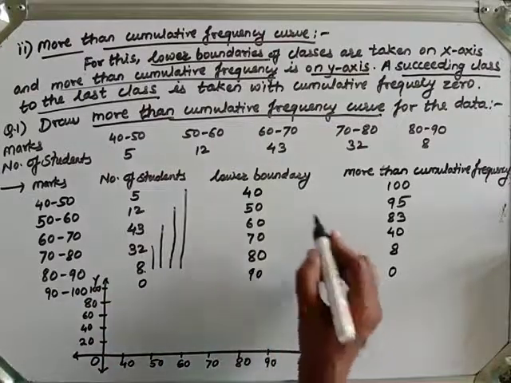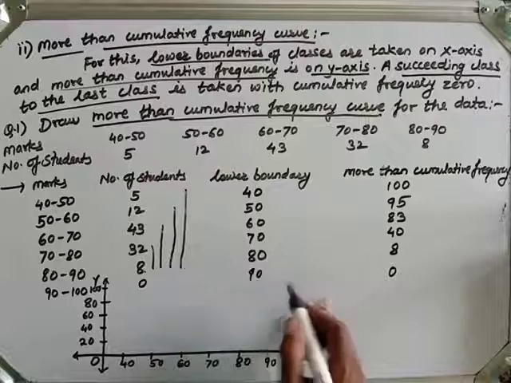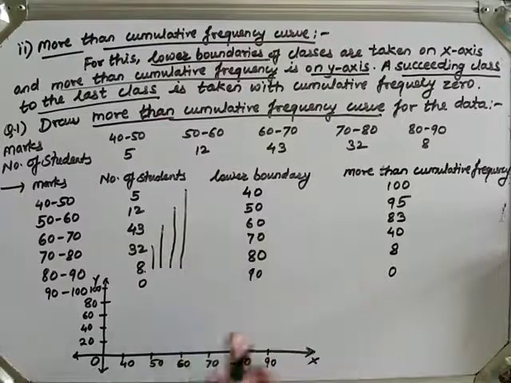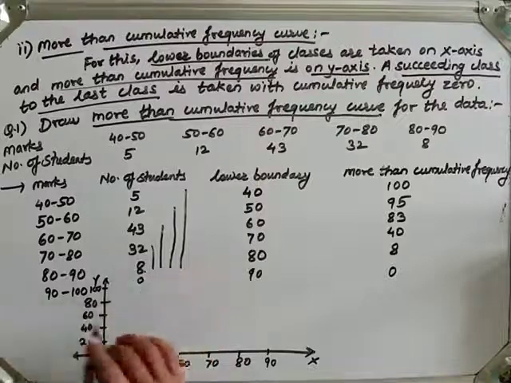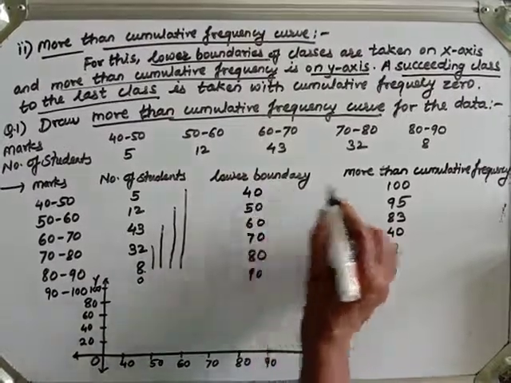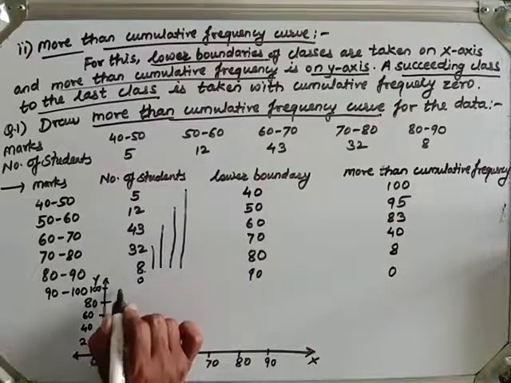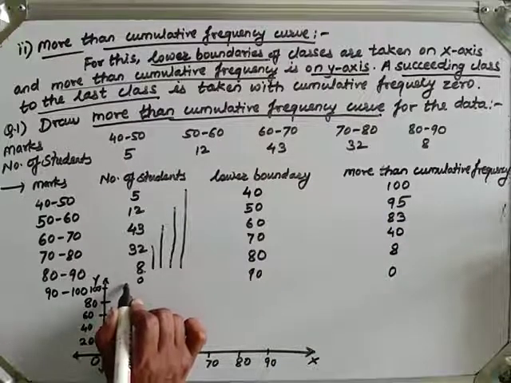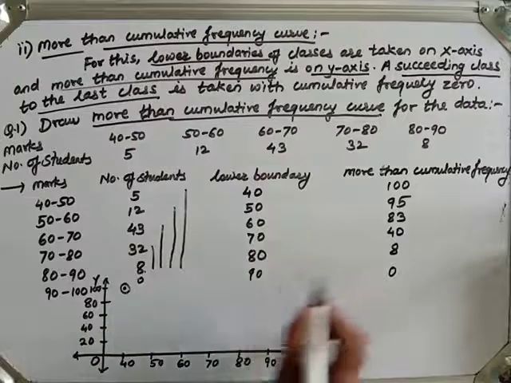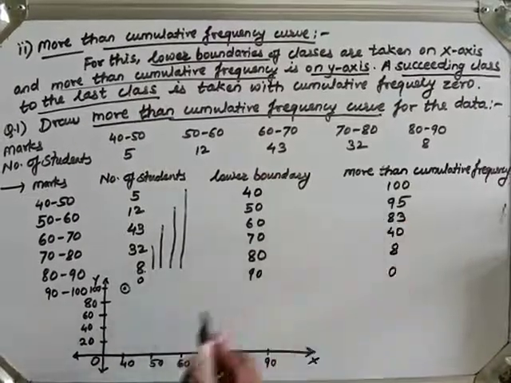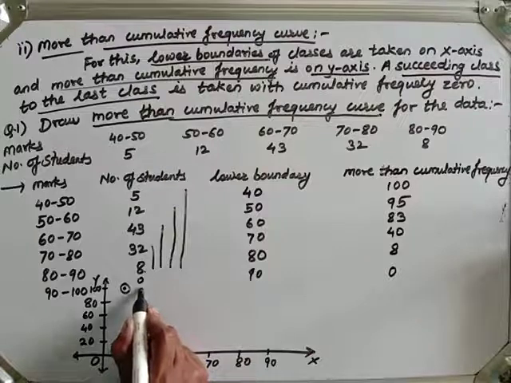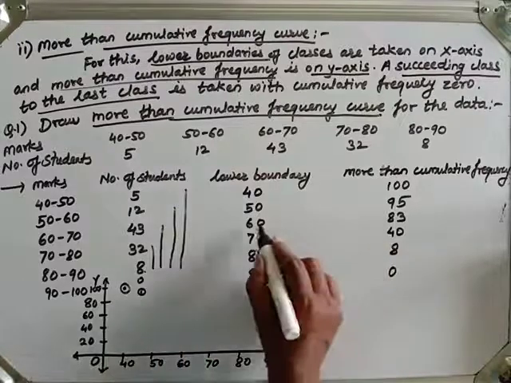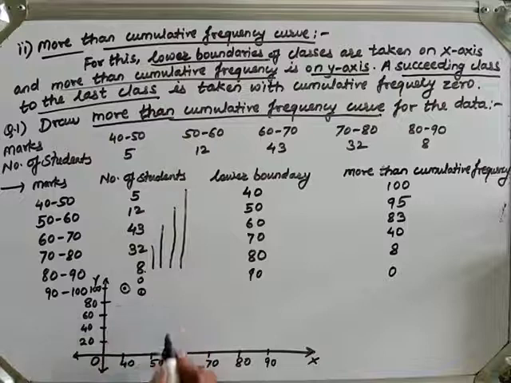Okay. Now let us plot those points on this 2D plane first of all. So here it is 40, 100. 40 is at 100, so this point we get. Then 50, 95, so 50 and 95 is somewhere here. Then 60, 83.